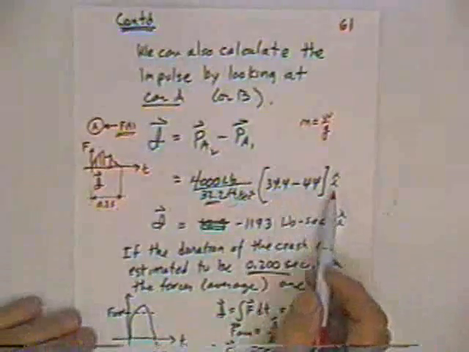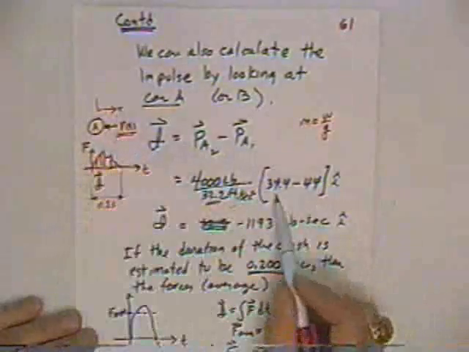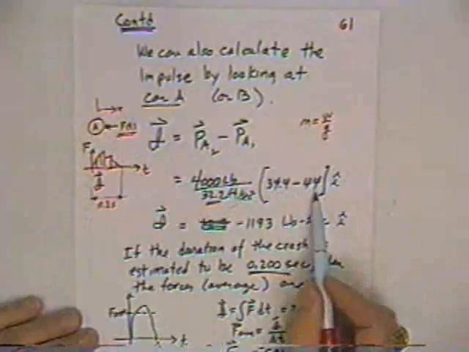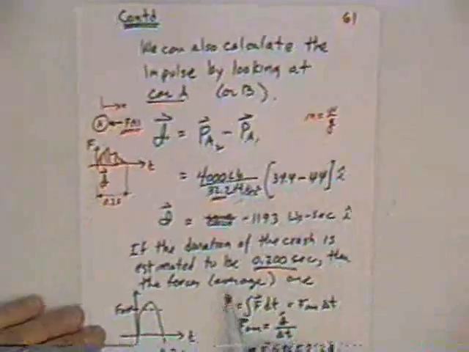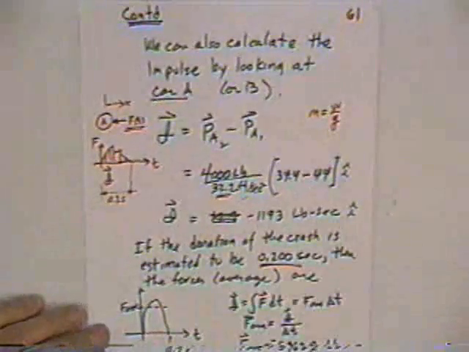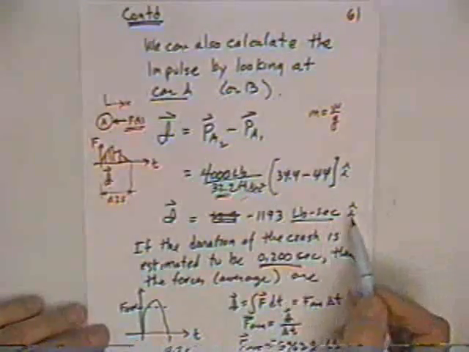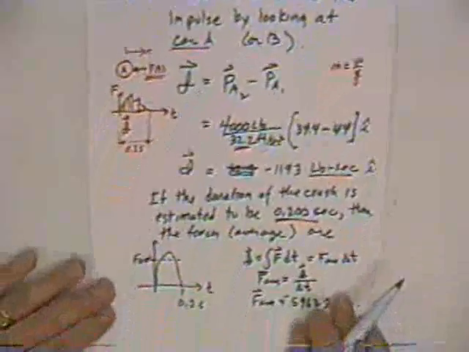Notice that the final velocity in the x direction is less than the initial velocity. So the impulse must be negative. The impulse is minus 1,193 pound-seconds. It's got units of force times time. It's negative and it's in the i direction.